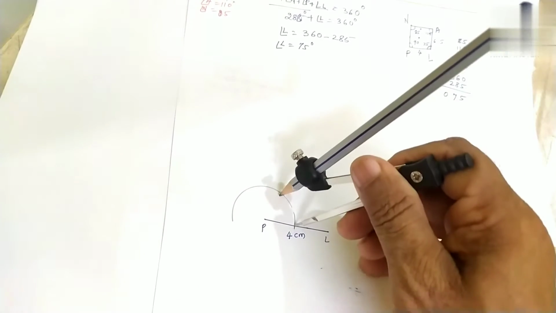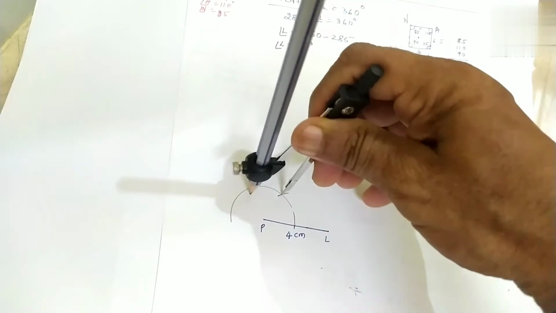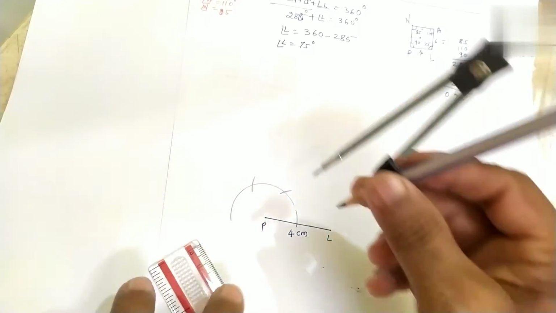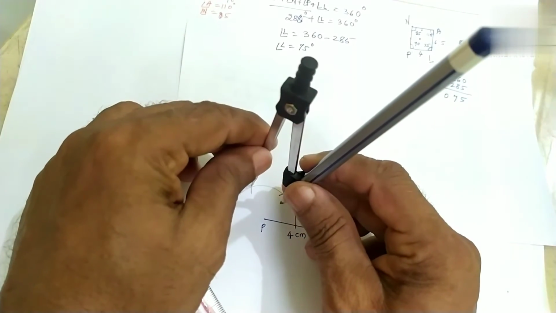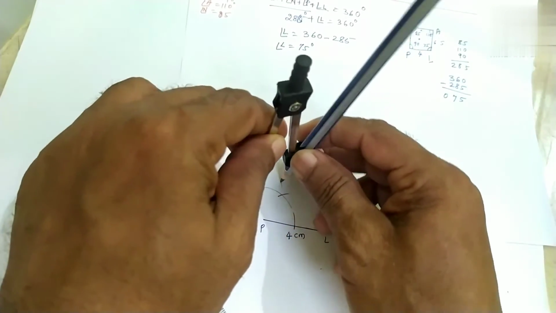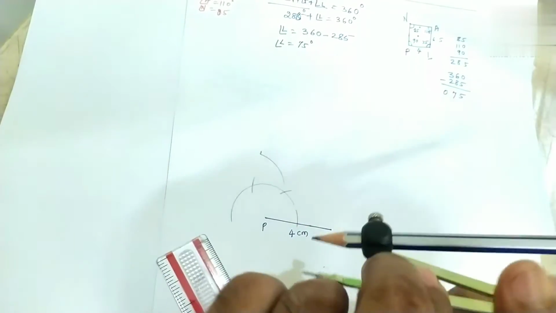From point P we will draw 90 degrees. Here is 60 and this is 120. We will bisect this 60 and 120 and we will get 90 degrees. Like this.